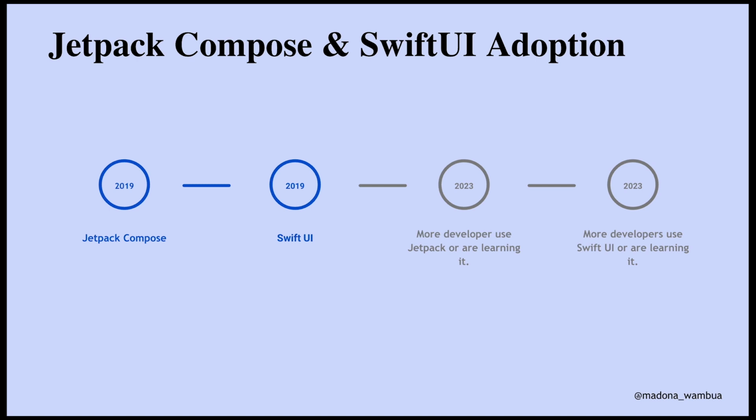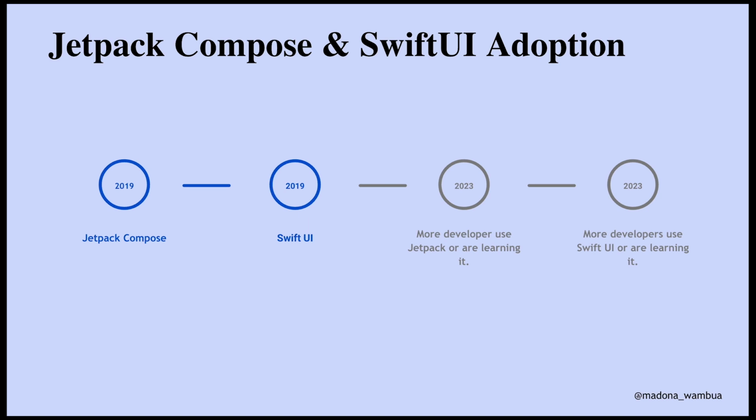More developers are using or learning Jetpack in 2023, and likewise more developers are using or learning Swift. I researched Swift because I've not worked a lot on iOS, though I've played around with their code. They normally used UIKit, which is similar to what we were using XML for, so they had UIKit.